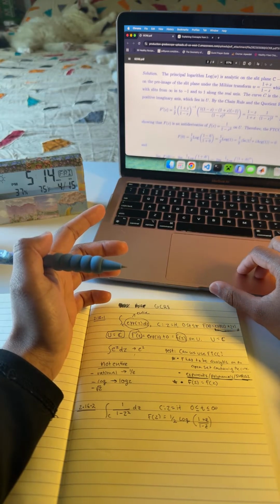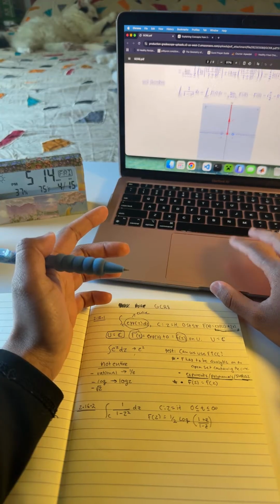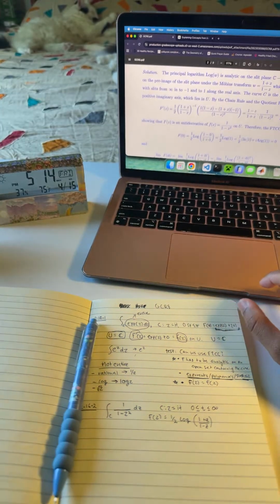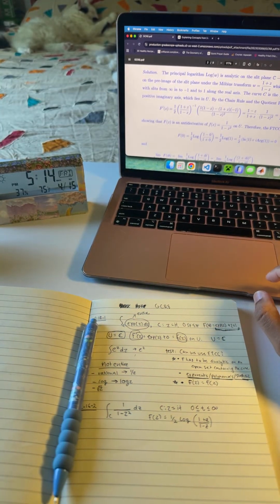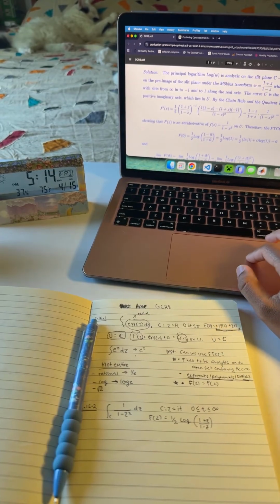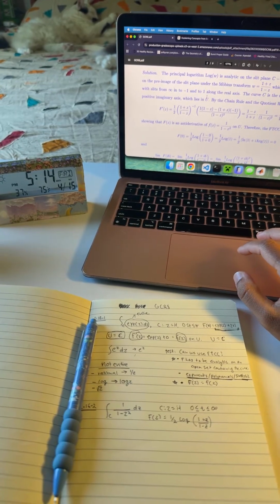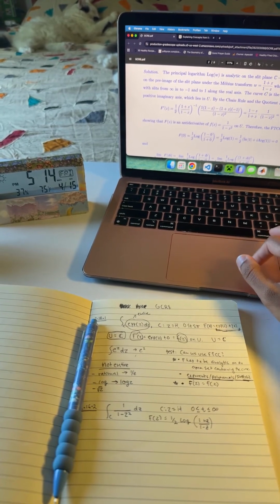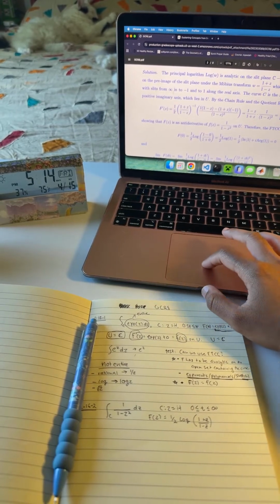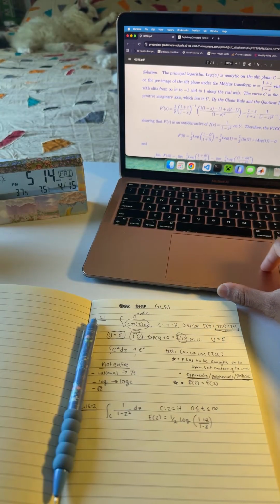Well, okay. The principal logarithm is analytic on the slit plane, everywhere but the negative real axis. So f of z is analytic on the pre-image of the slit plane under the Mobius transformation w, which is a double slit plane U with slits from infinity to negative 1 and from 1 along the real axis.